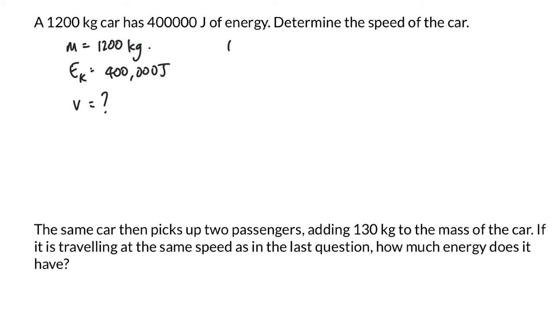So we can use EK is equal to half m times v squared. And the rearrangement of this equation is v is equal to the square root of EK times 2 over m.